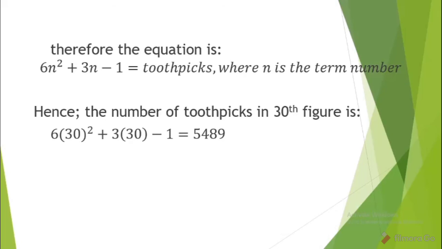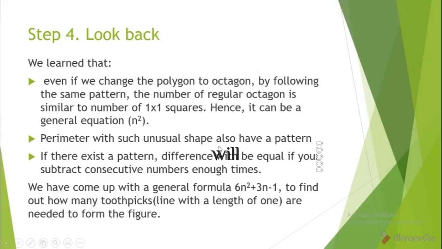Hence, the number of toothpicks in the 30th figure is 6 times 30 squared, plus 3 times 30 minus 1, which is equal to 5,489.